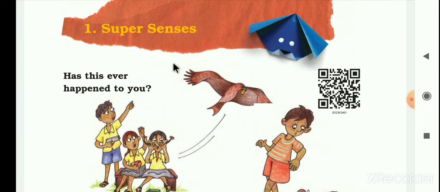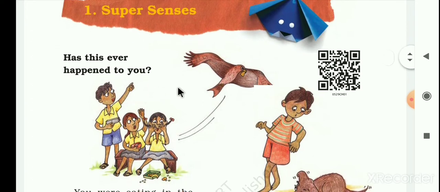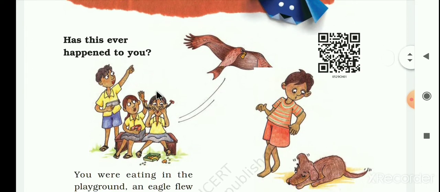Let's have a look. Has this ever happened to you? You can see the picture over here. So the girl, what is she doing? She is eating her breakfast, her lunch box, right? The three of them are eating their lunch boxes. Suddenly what happened?